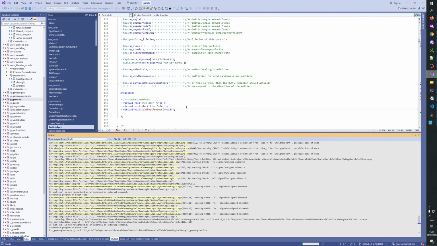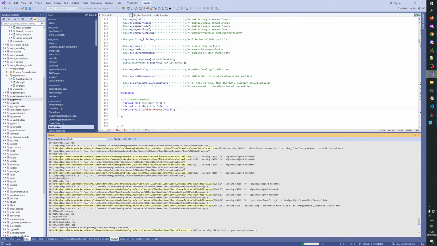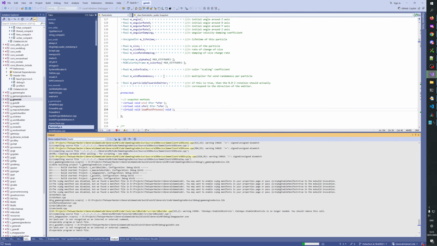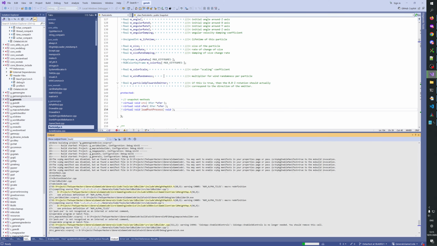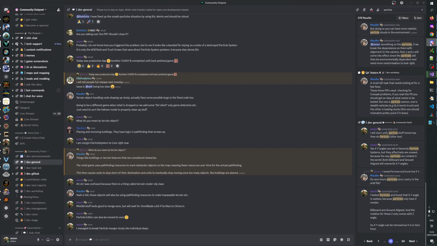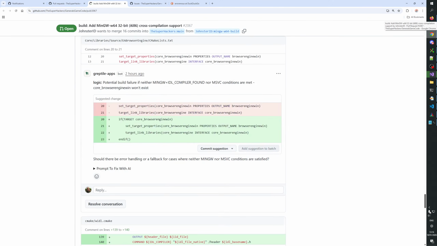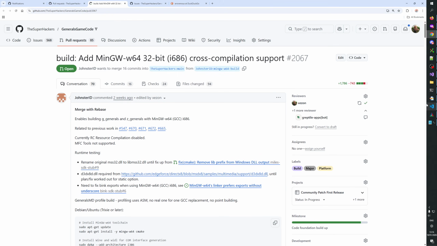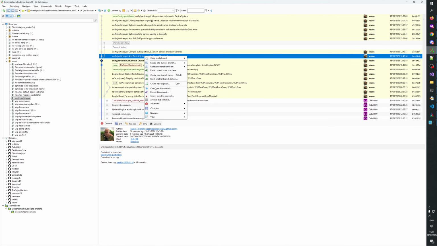Particle editor, if we can. Okay, that has succeeded. Let's do the next one.